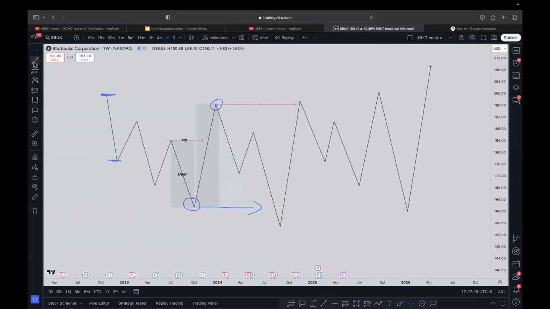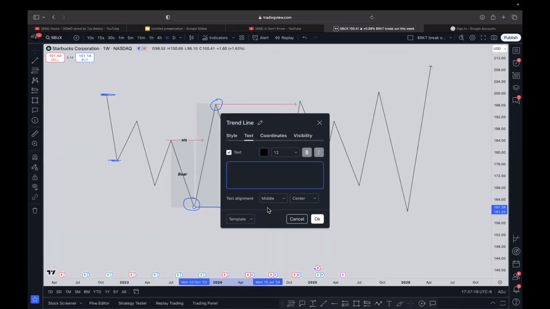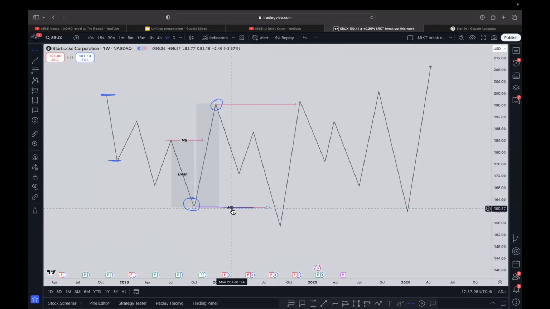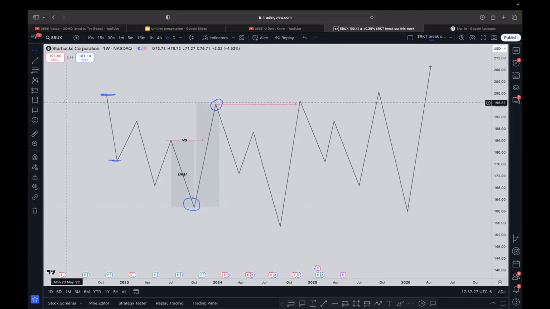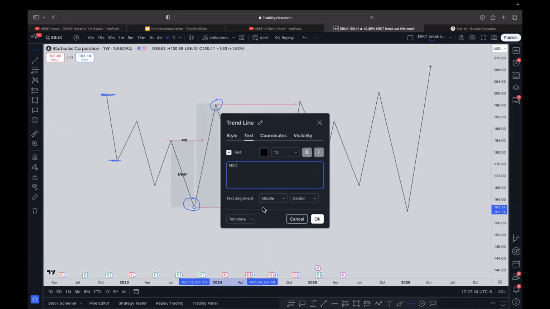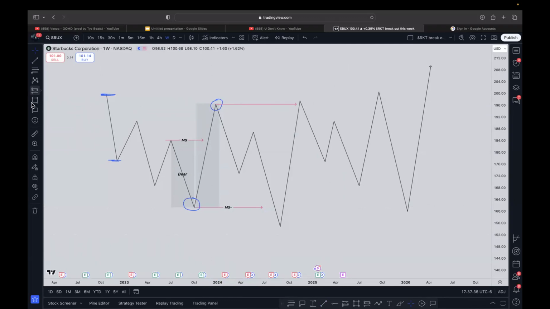So therefore, this break is going to be market structure shift to the downside. Okay? Whereas this right here means nothing.